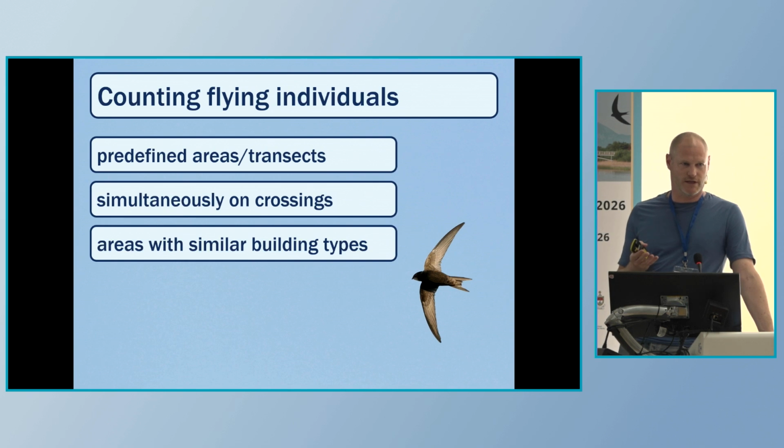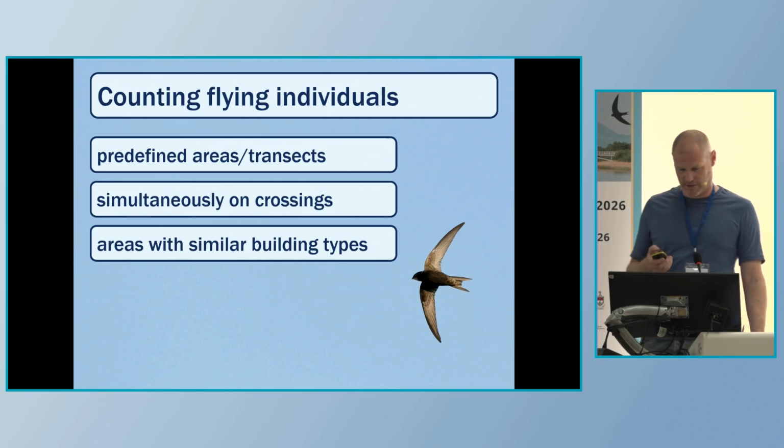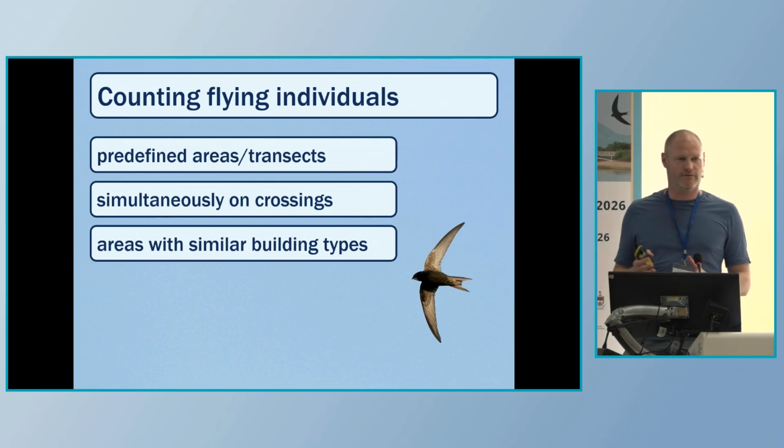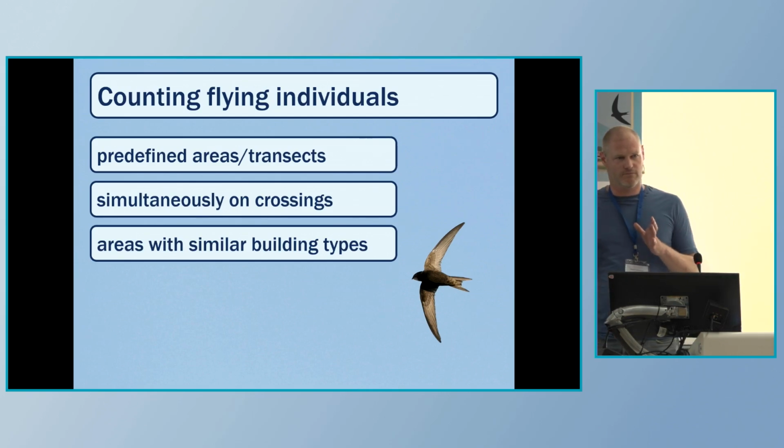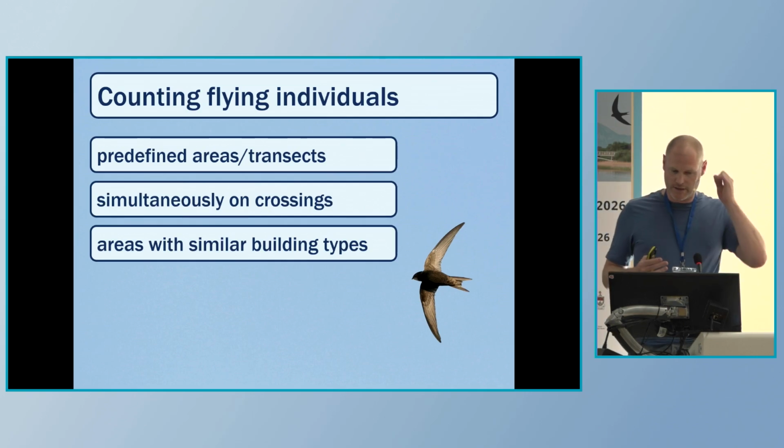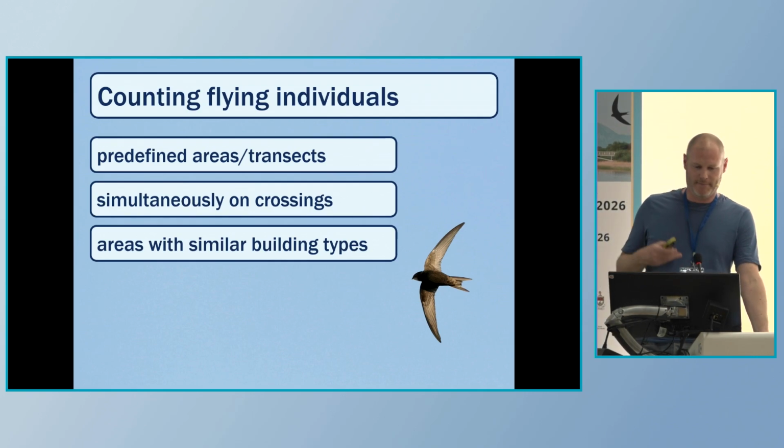But of course, in a large city or in a larger area, larger region, you can't map the whole city or the whole area. So you have to define some areas that are feasible for several persons. And then you are calculating for the whole building type in the city.